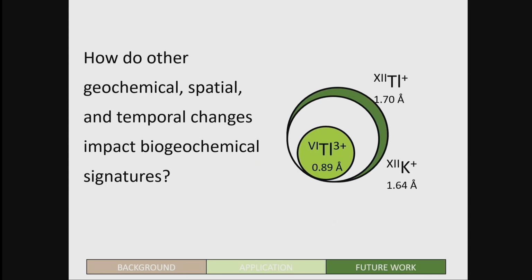But from these 2 systems, I think that there is optimism that we can use biogeochemical signatures for things like phytomining extraction or for prospecting. But there are still some questions that I think need to be answered, or some characteristics that need to be better quantified. One of which is how things like other changes in geochemistry, spatial or temporal variations may impact these biogeochemical signatures.